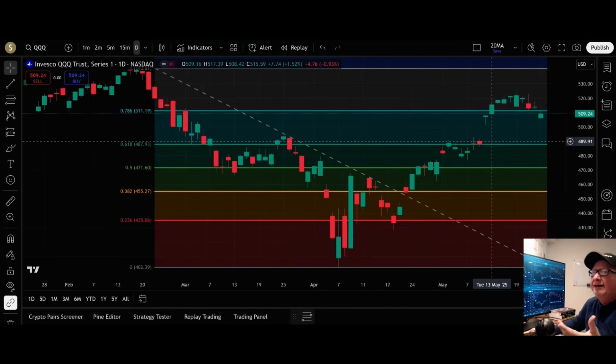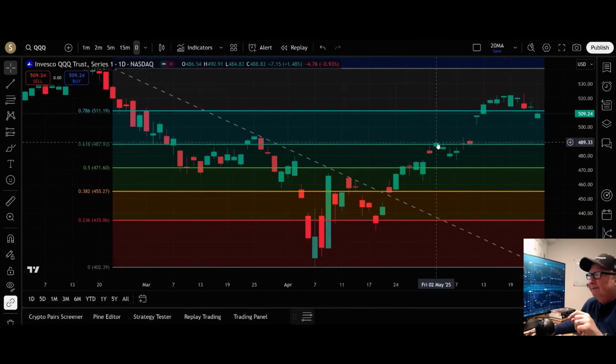If I get a buy signal and the 20 is rising, I prefer the buy signal be at or near the 20. If I get a sell signal and I've got these Fibonacci lines, that allows me to stack indicators, right? I'm looking for multiple things to happen in my trading.